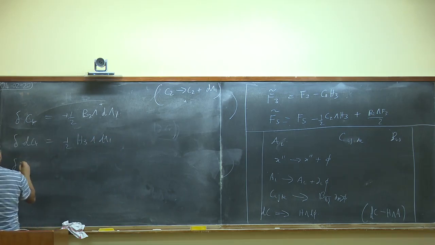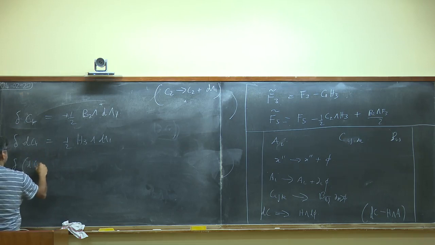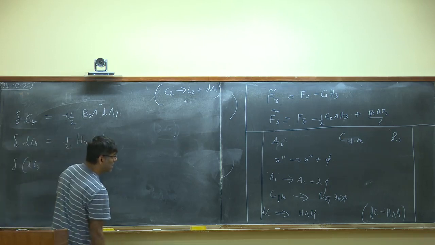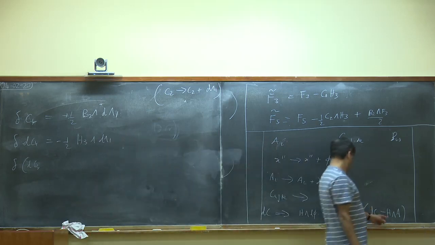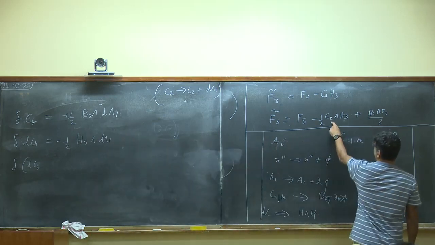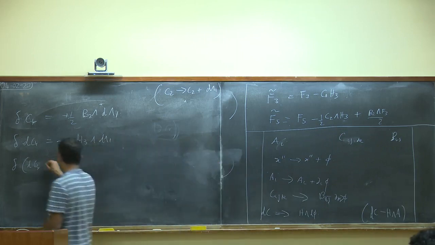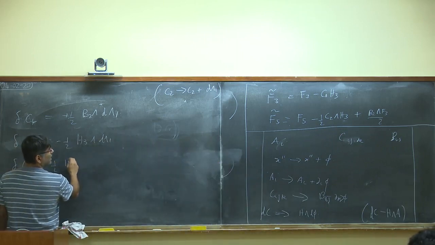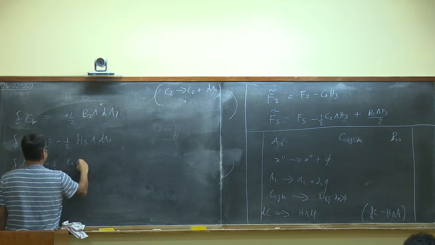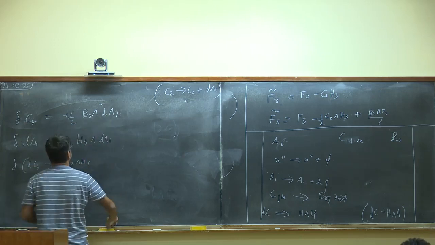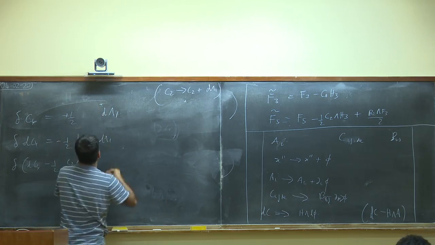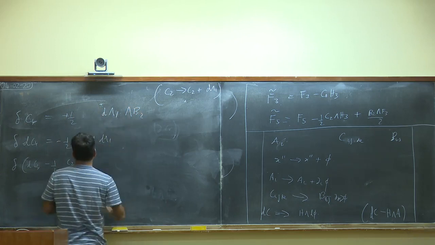And therefore delta of dC4, sorry, I'll put a minus here, minus half C2 wedge H3. I'll switch these around, just to make it look better, d lambda 1 wedge B2.